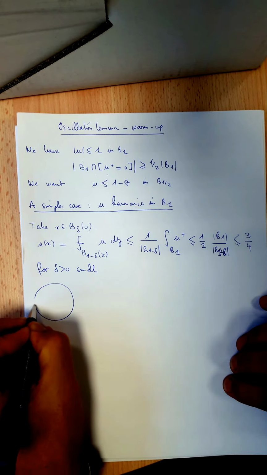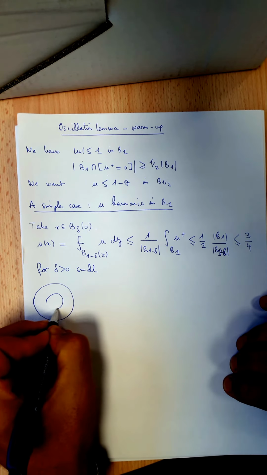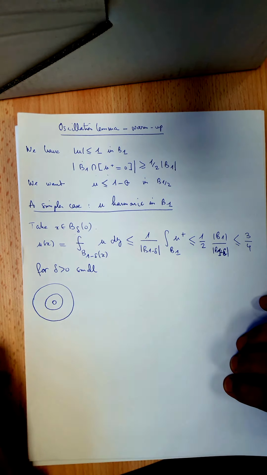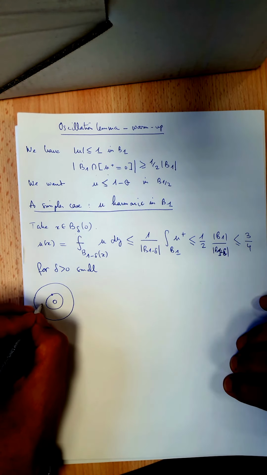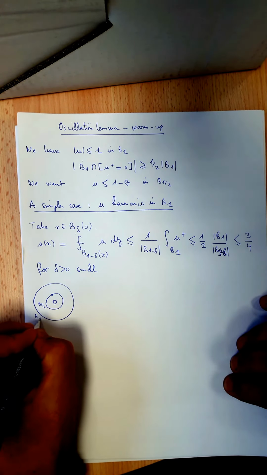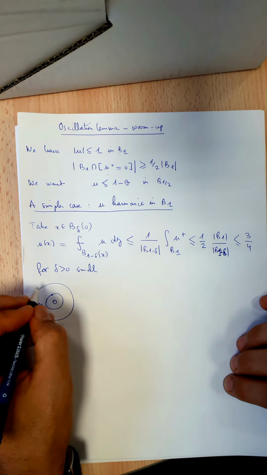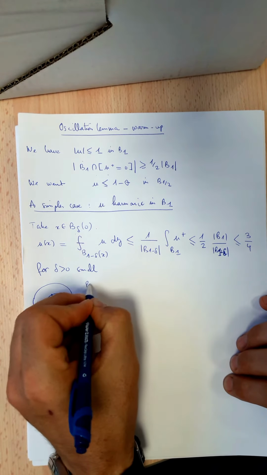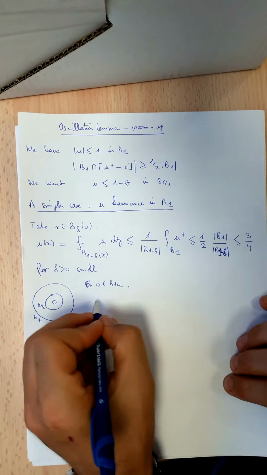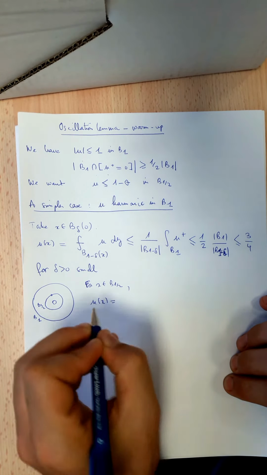Okay, so now we have to take care of the other points. So let's say this is our smaller ball b delta, and now we're going to take a point x in the ball of size 1/2, and for x in the ball of size 1/2, we're going to use again the mean value formula.